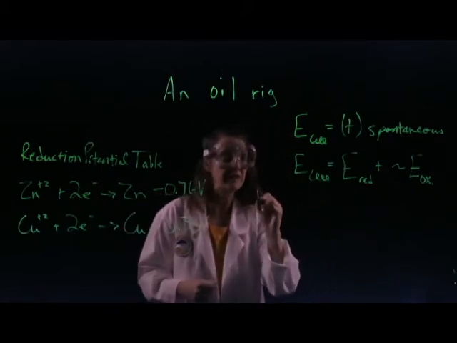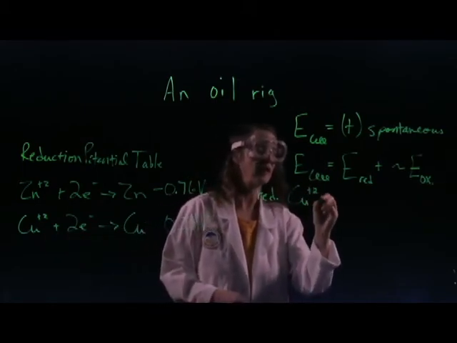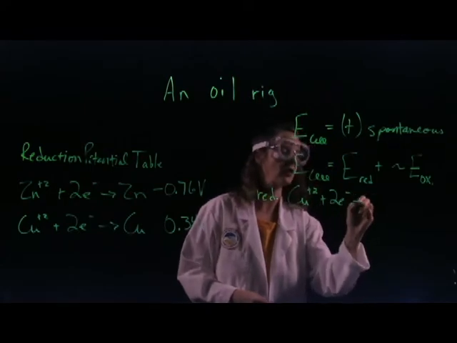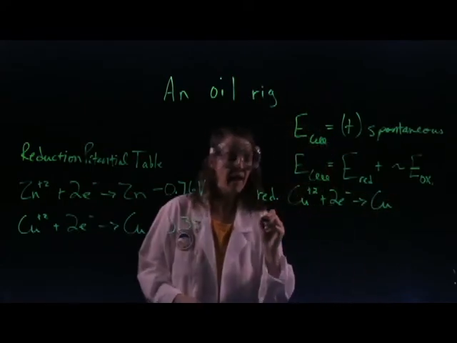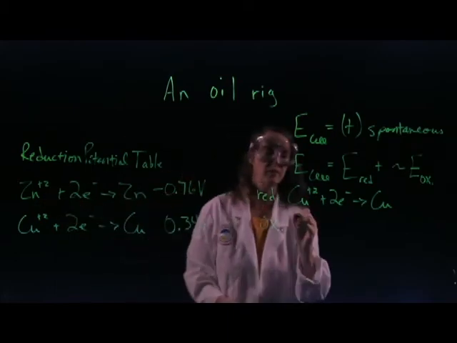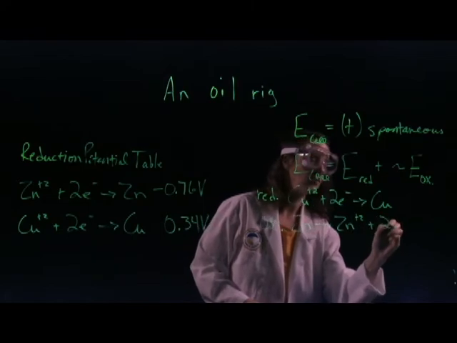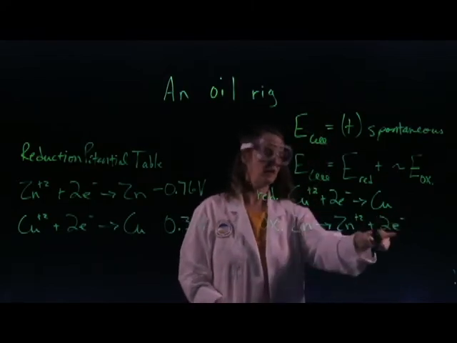In other words, for the reduction, let's keep copper ions picking up 2 electrons to form copper metal. And let's look at the oxidation of zinc, which would be the reverse. Zinc yields zinc ions plus 2 electrons.